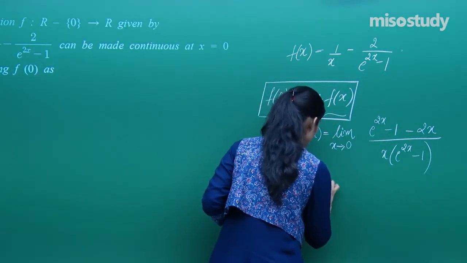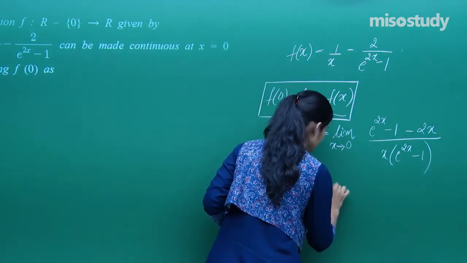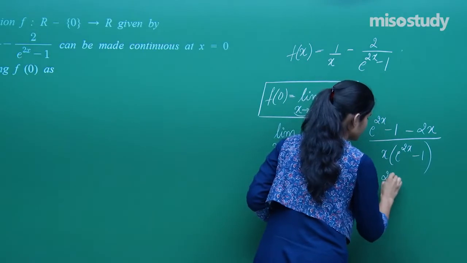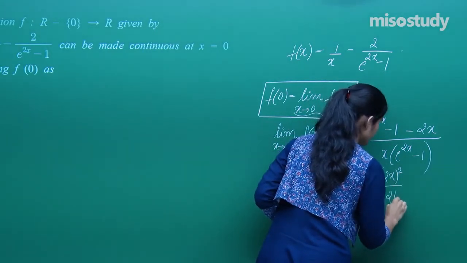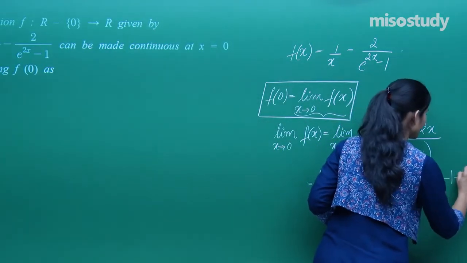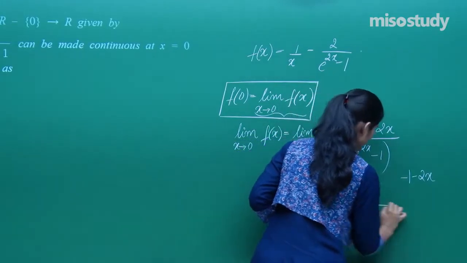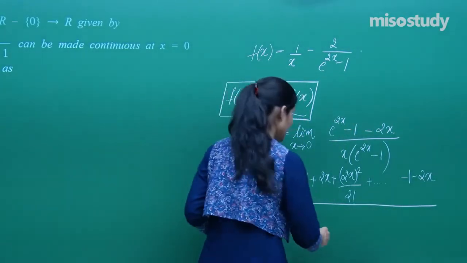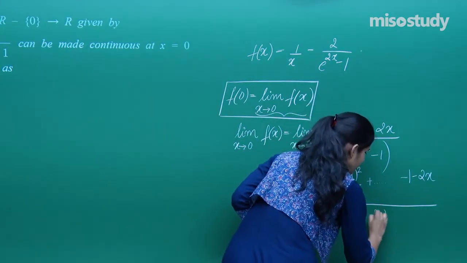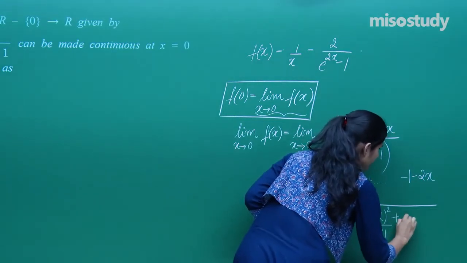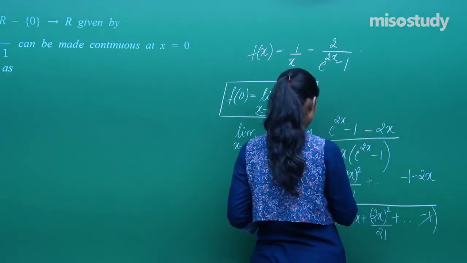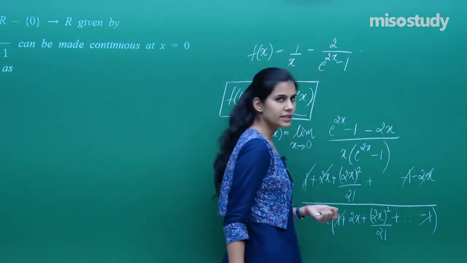In the numerator it is 1 plus 2x square by 2 factorial plus 2x cube by 3 factorial and so on, minus 1 minus 2x. I am just using the expansion of the exponential function, and in the denominator as well this is 1 plus 2x square by 2 factorial plus and so on, minus 1. The 1 minus 1 gets cancelled, 2x minus 2x everything gets cancelled out.